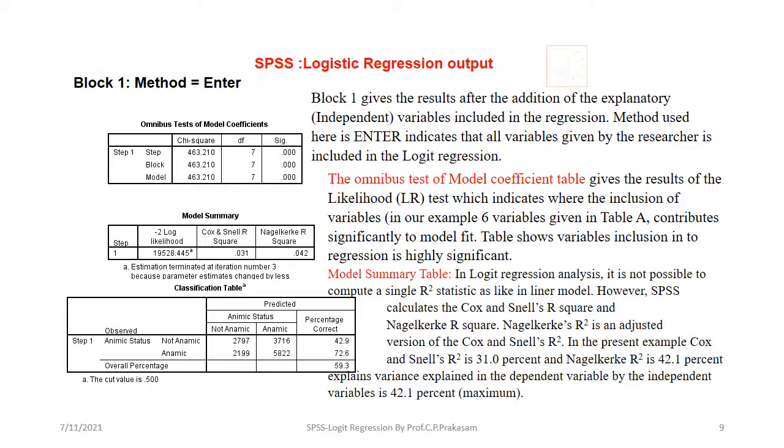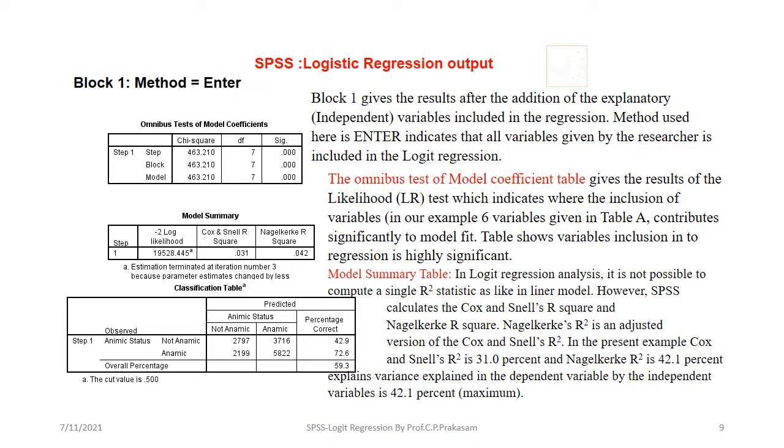And then next is the model summary. The model summary will explain the -2 log likelihood as well as the Cox and Snell R square as well as the Nagelkerke R square. When you look at linear regression, we have the R square, which explains the percentage of variation in determining the dependent variable.